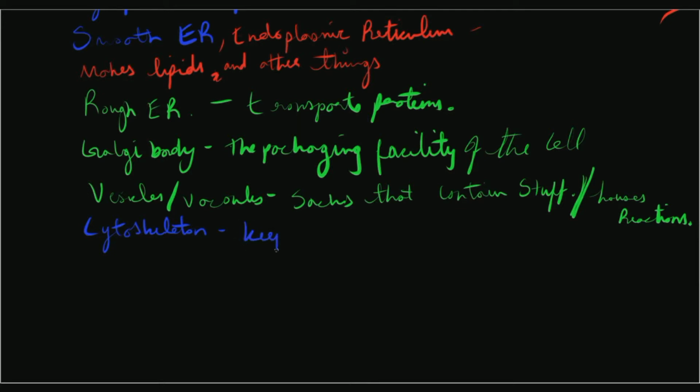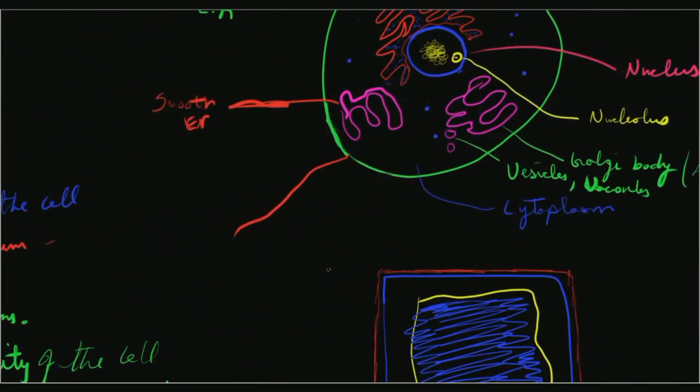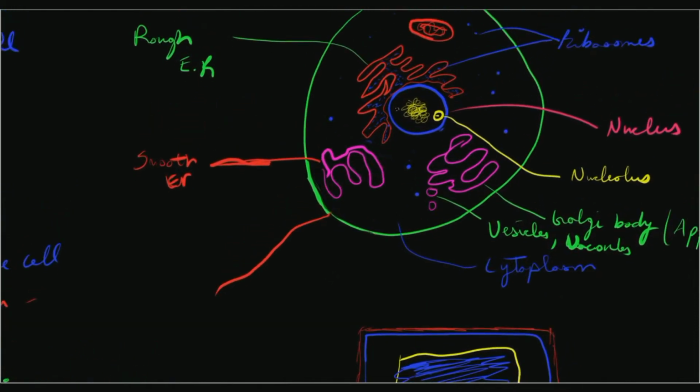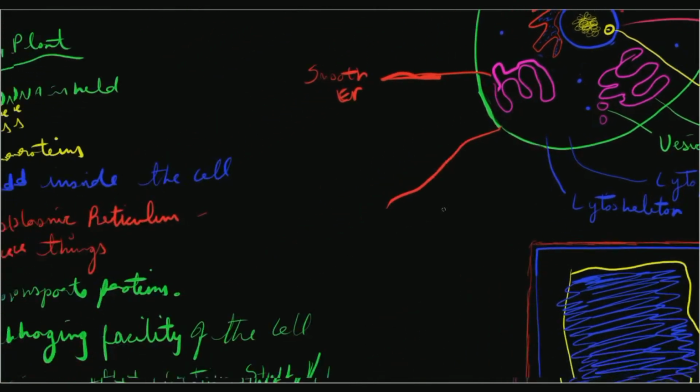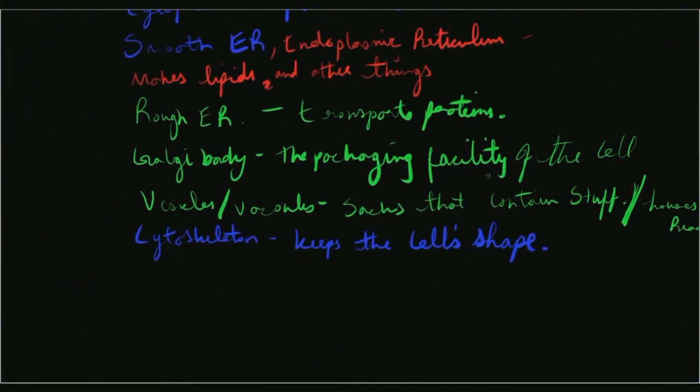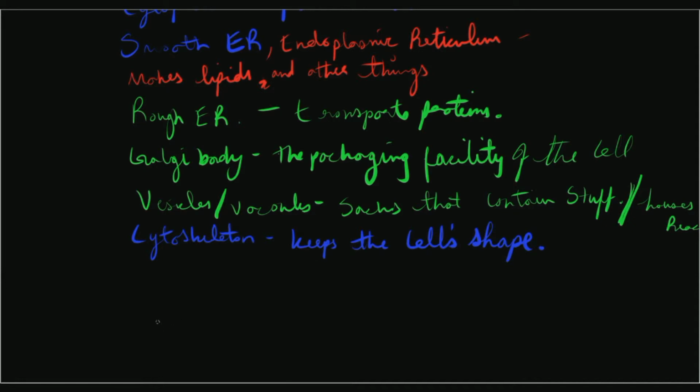It keeps the cell shape. And so this would be all around, I guess I could just point to this and be like cytoskeleton. It holds the cell's shape. It also holds the organelles in place. It does many things. It has many hats.